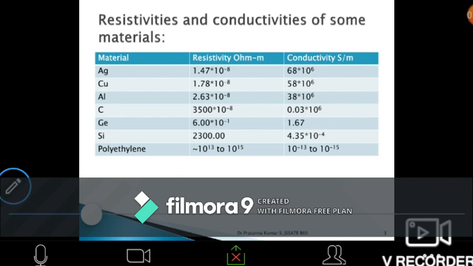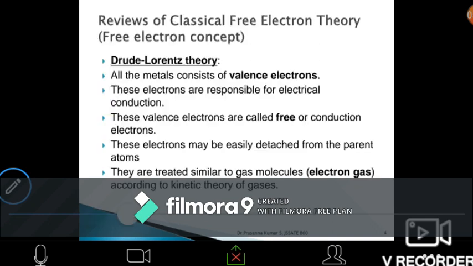So this is a brief view of resistivity and conductivity. Resistivity and conductivity are inversely proportional, you know that. Now, in this chapter, we are trying to understand the electrical conductivity of metals, particularly the conductors.